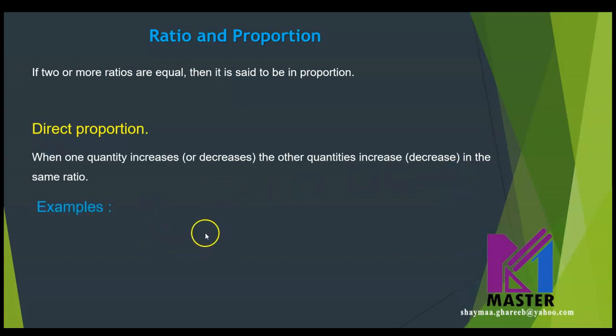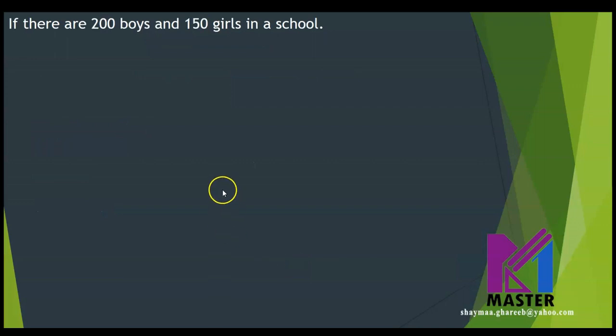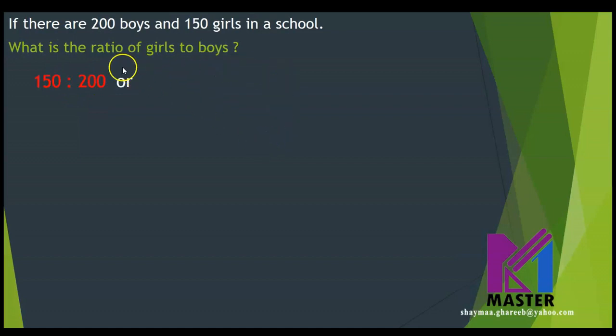Exactly. We can find the direct proportion in many examples, such as the enlargements examples, the recipes, or the scale drawing. Let's see a question. If there are 200 boys and 150 girls in a school, what is the ratio of girls to boys?